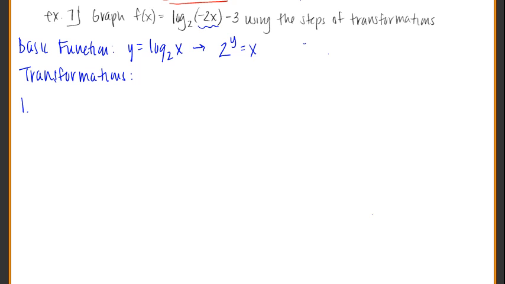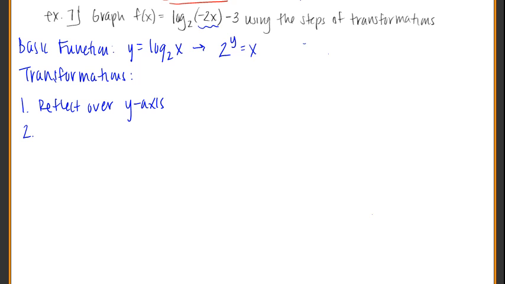When you're inside the function, you want to do shifting first, where there's no plus or minus numbers in there. We want to do reflecting next. Well, that's the minus sign, so we're going to reflect over the horizontal, so it'd be the y-axis. The next thing is the stretching or the distortions, and that's going to be by 2.